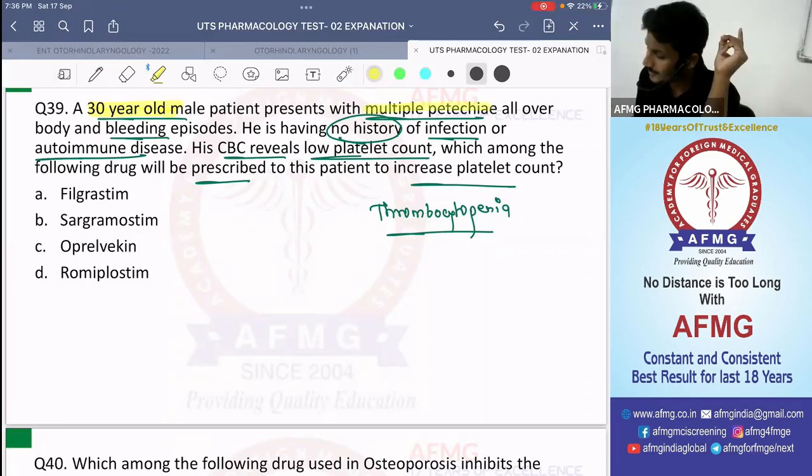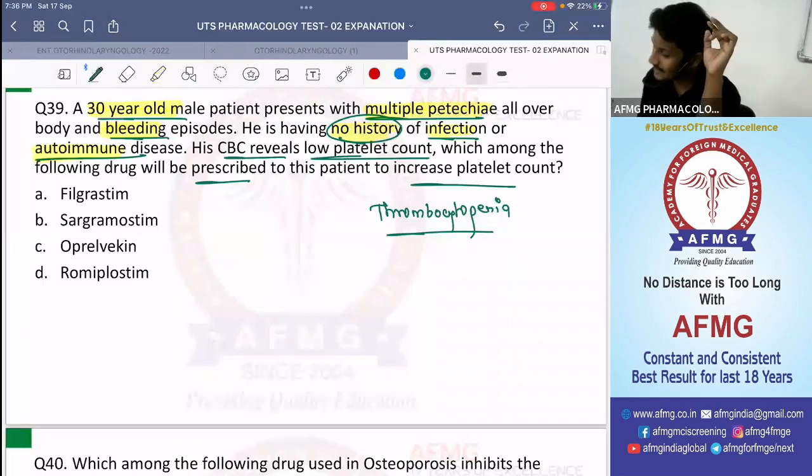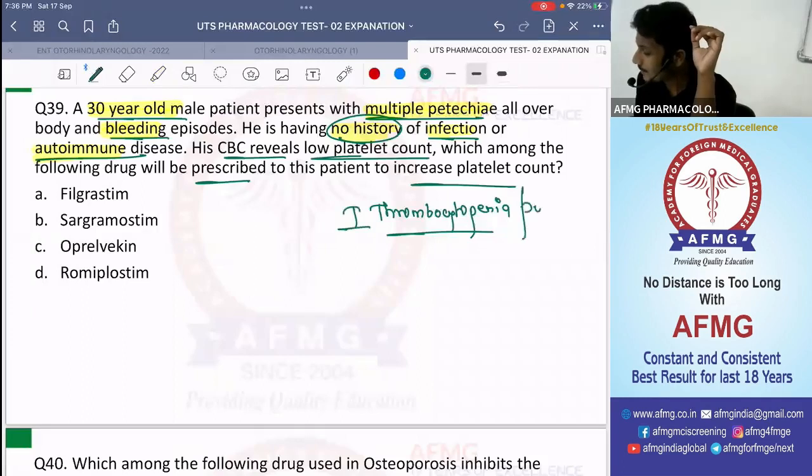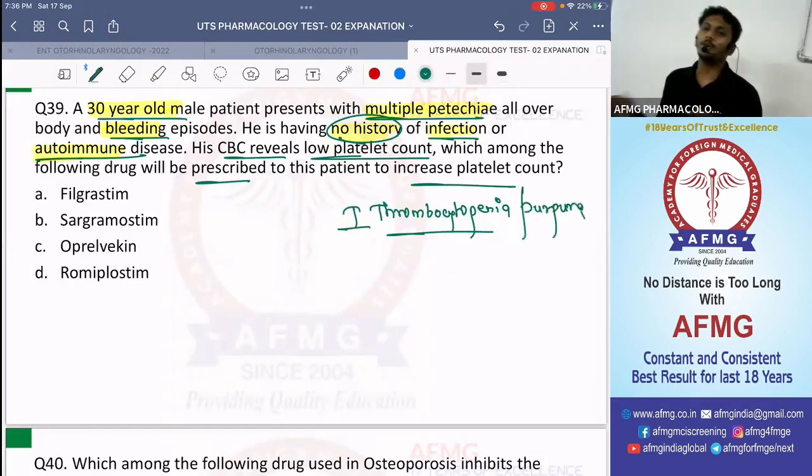Adult patient, multiple petechiae, there were bleeding episodes, no history of any infection or autoimmune disease. Okay, so that is a classical case of immune thrombocytopenic purpura, immune or idiopathic thrombocytopenic purpura.